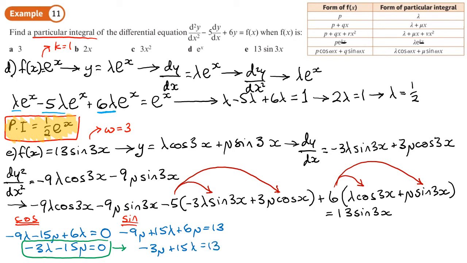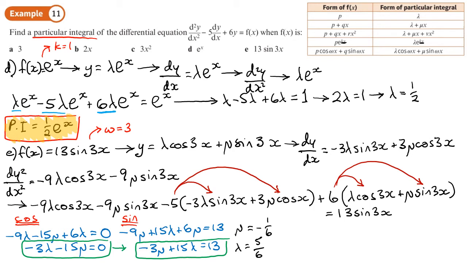As I said, I'm going to use my calculator to solve these. Right, so from that I get mu equal to negative 6, and lambda, just press the button, is 5 over 6. So you can use your calculator to help you solve these.